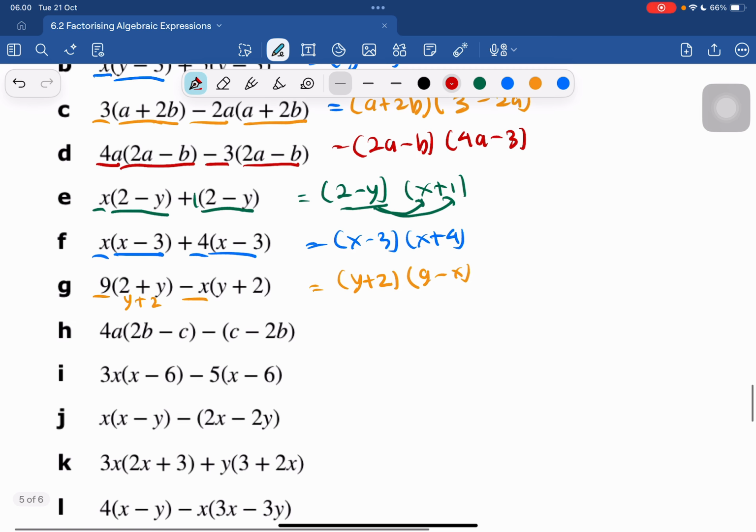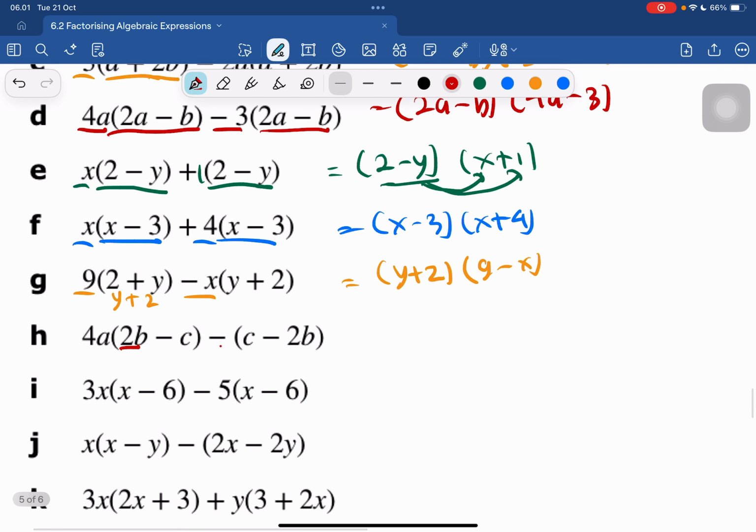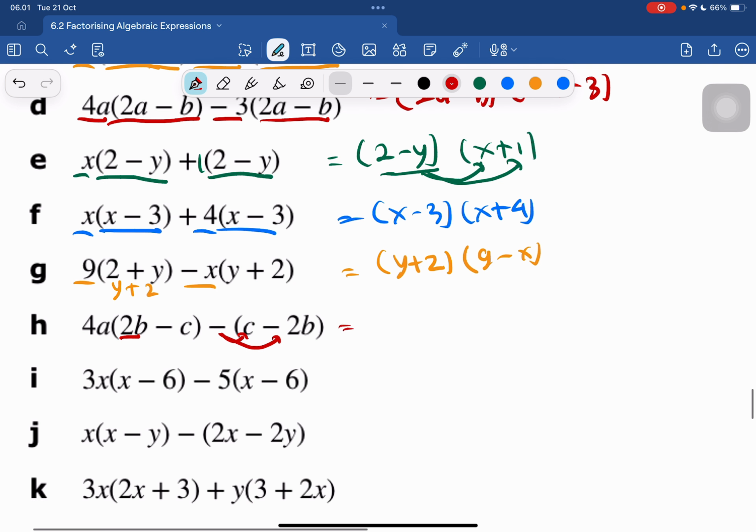Okay, next question. We got 2b minus c and c minus 2b, so we can multiply it here. So let's rewrite.